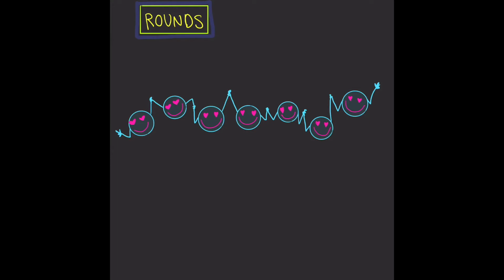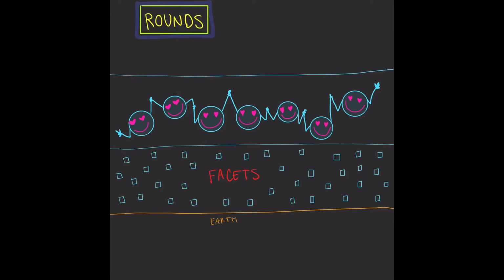So we've talked about some characteristics of rounds, but the question remains, do rounds contribute to or undermine stability? And the answer is that it depends on where the rounds are in the snowpack and what they're sharing the snowpack with. So I'm going to start with an example of a scenario where rounds are actually not contributing to stability because they're creating a setup for a slab avalanche. So let's go ahead and imagine the Earth. And on top of the Earth, we've got a layer of facets.